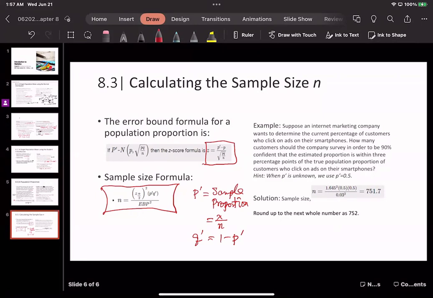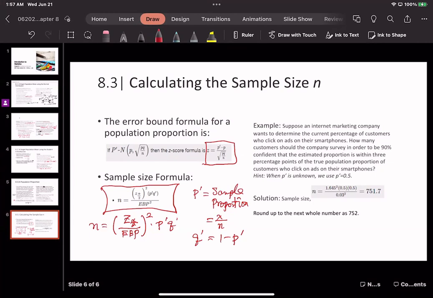Since both the z-score and EBP need to be squared, you can also rewrite this formula as the z-score critical value over the EBP, squared together, then multiplied by p-hat times q-hat. If p-hat is unknown, then we need to assume p-hat as 0.5, a 50% chance. Then q-hat will be 0.5 as well.